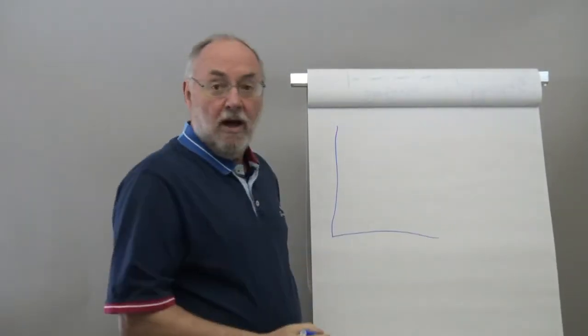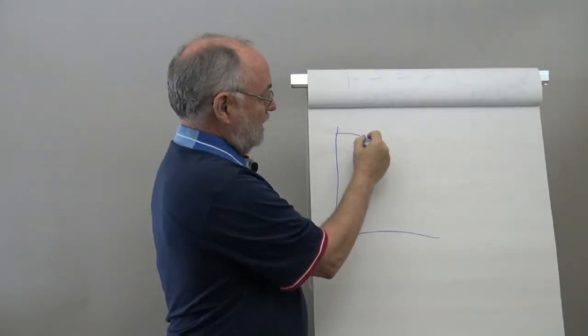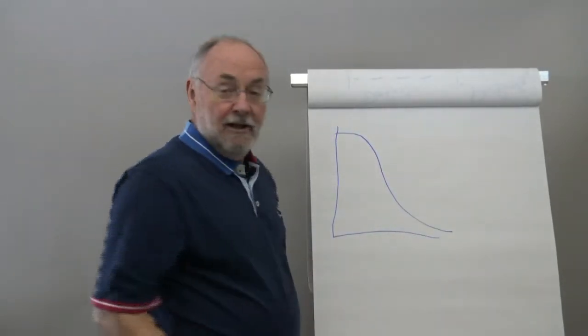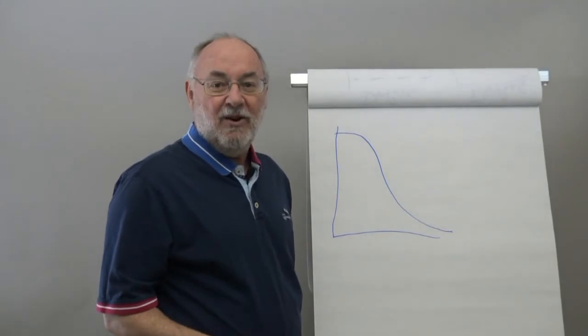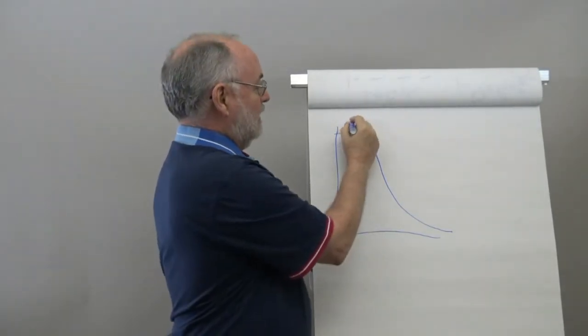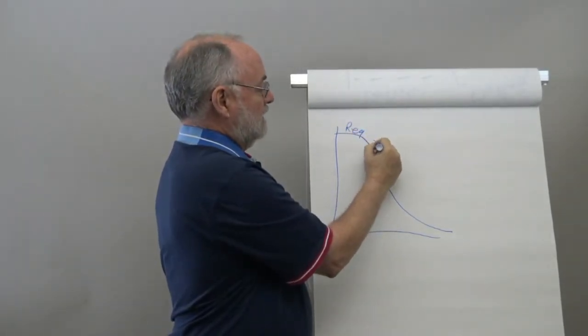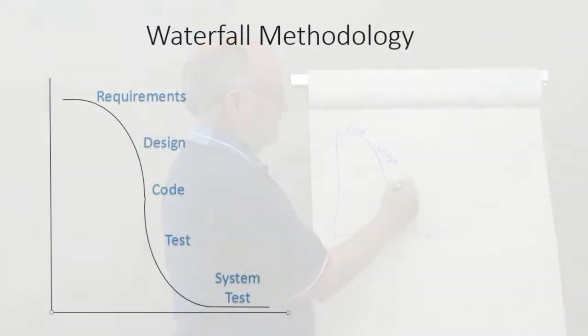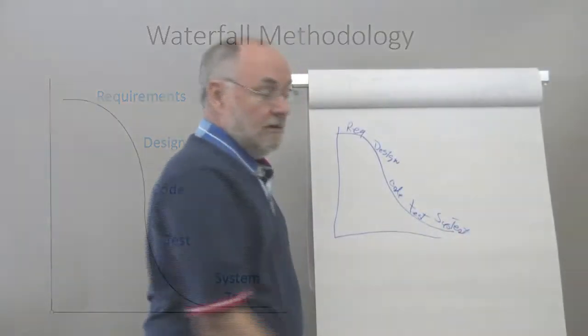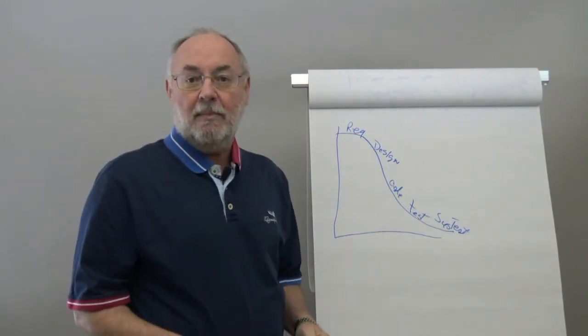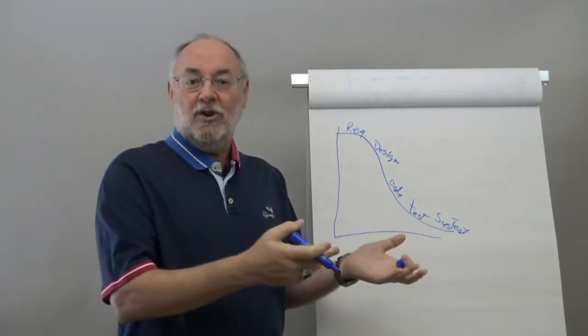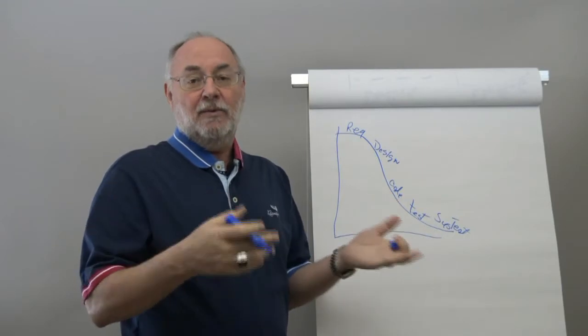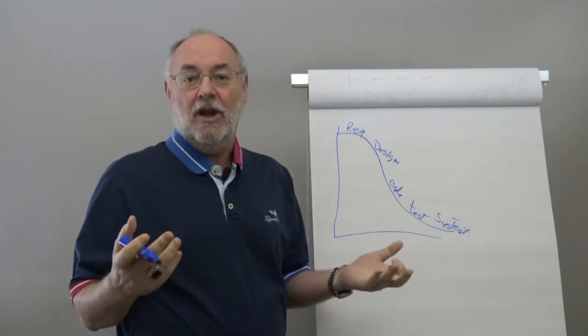And if you think about a waterfall, right, it comes off of a cliff and comes down and crashes onto the rocks below, right? So we had requirements, design, code, test, system test, and the software would escape, usually not with the features and the functionality, and often with too many bugs that our people did not want.